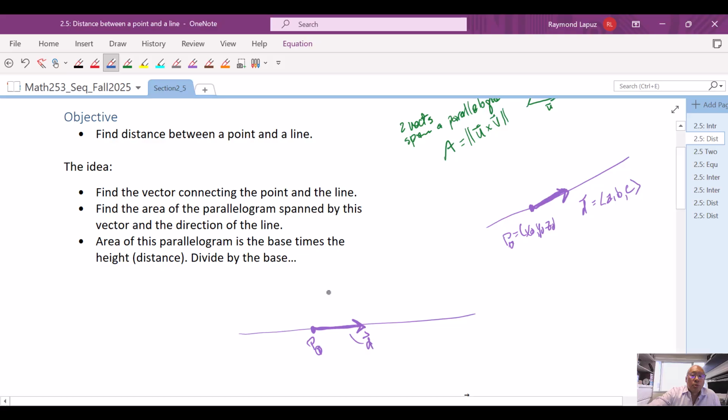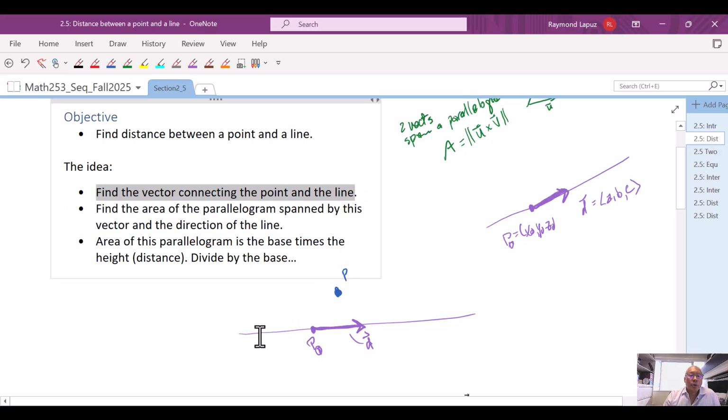Let's call this P without the subscript, to say that it's just another point that's not on the line. All right, so the first step is to find a vector connecting the point and the line.